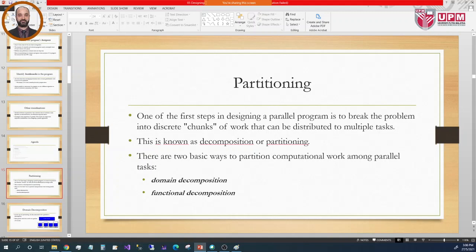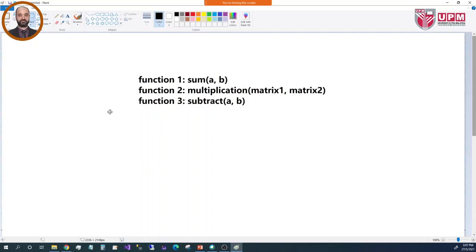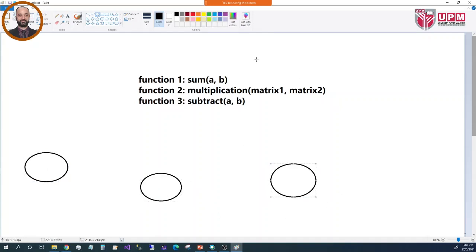So the coupling here, if this is the functions of our program, we have task 1, task 2, task 3. Here this is function 1, this is function 2 or task 2, and this is task 3. Is there any information that needs to be passed from function 1 to function 2?